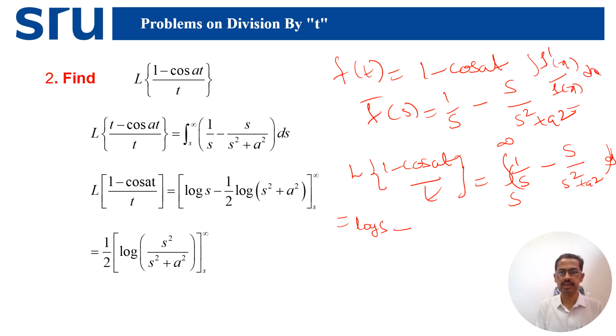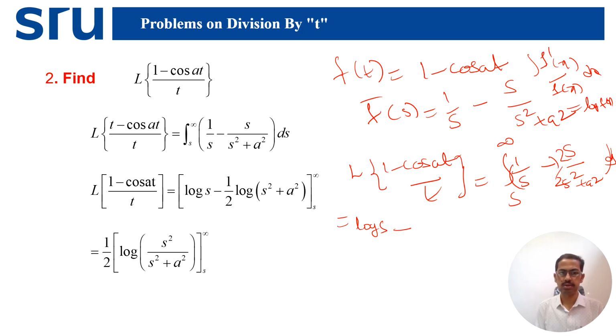This is equal to log f of x. Multiply and divide with 2, so this is 2s. Here 1 by 2 is there now. So s square derivative is 2s. The derivative of f of x, f dash of x, is in the numerator. So log of this formula is log of s square plus a square, right?